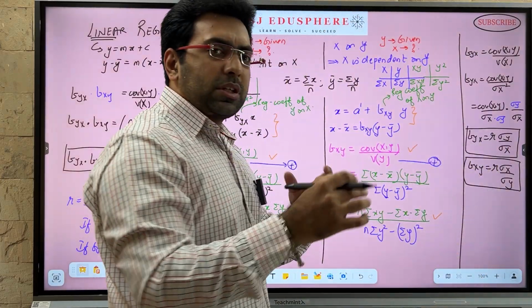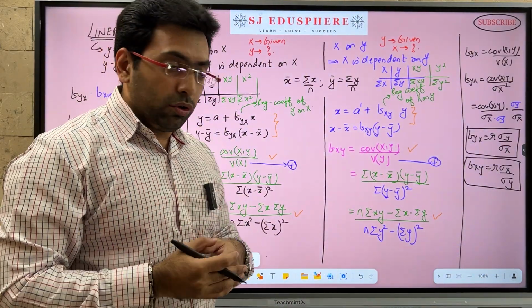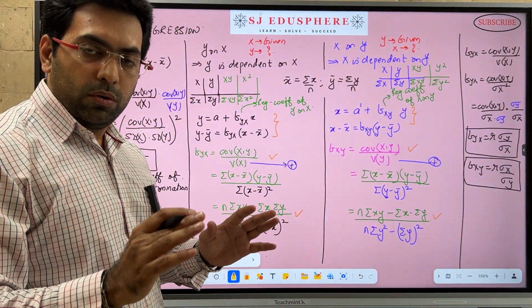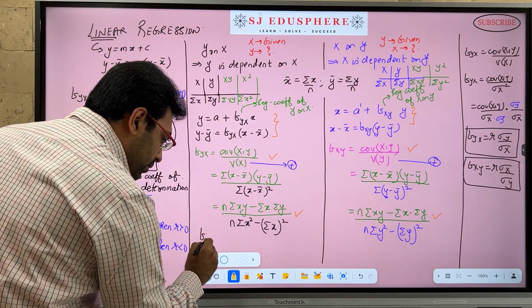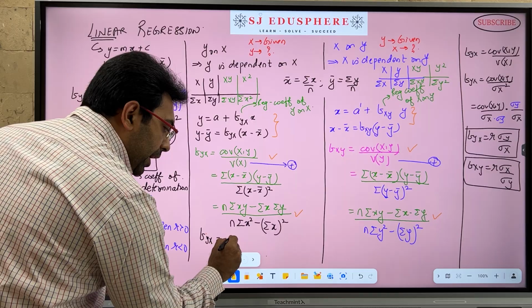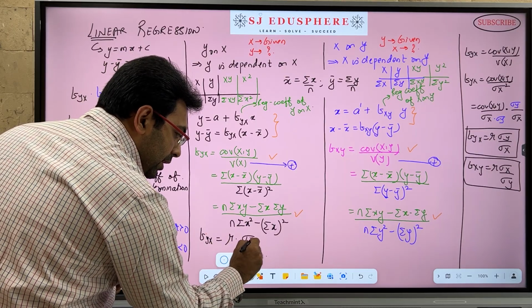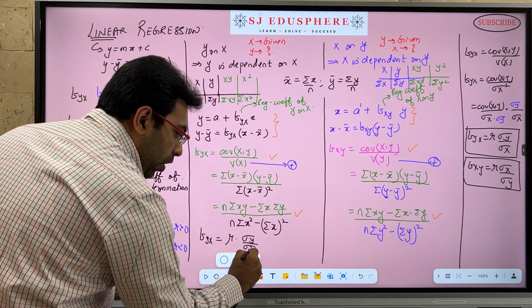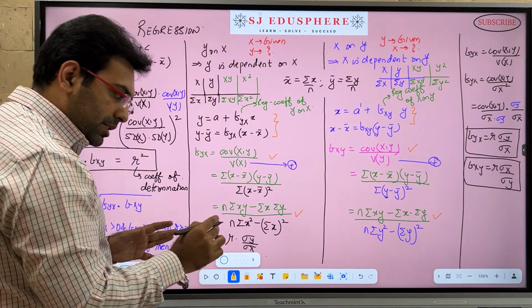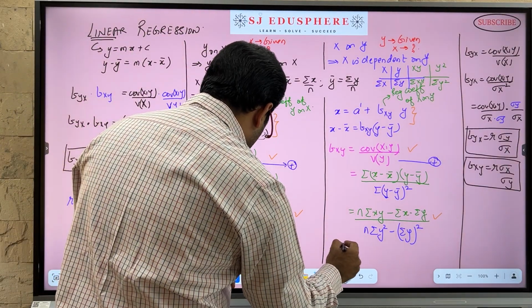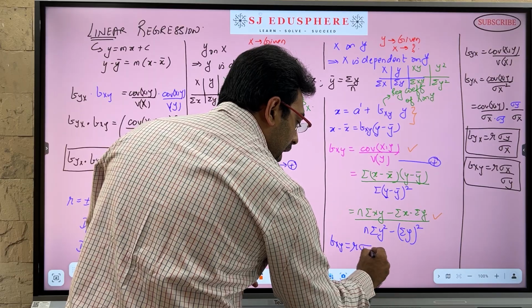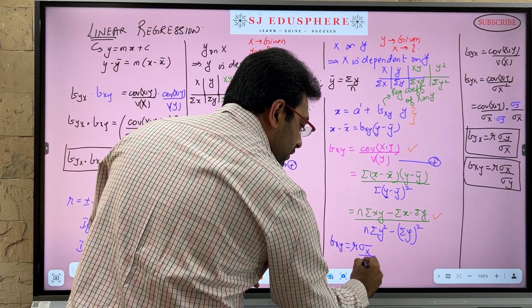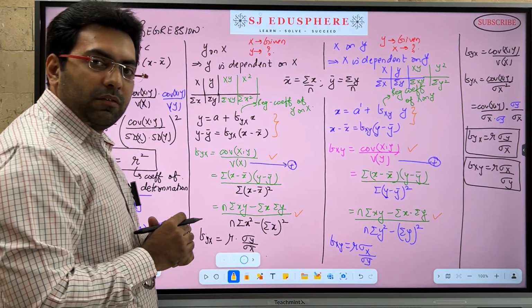Wait, before you start confusing yourself, do you learn all this by heart? No. Again, y on x: byx is r standard deviation of y upon standard deviation of x. Simple. Similarly over here, bxy is r standard deviation of x upon standard deviation of y.